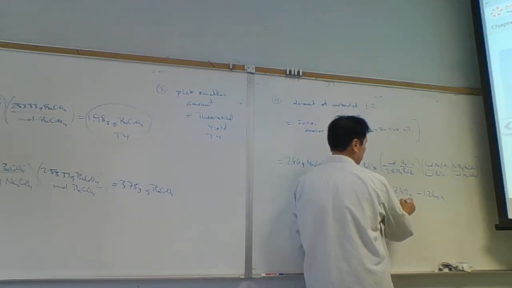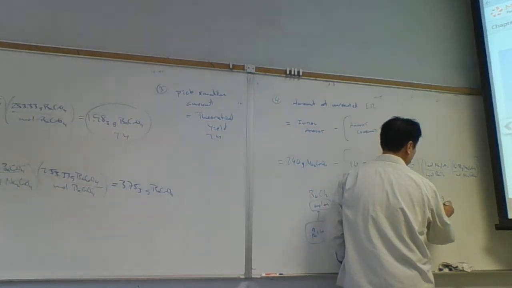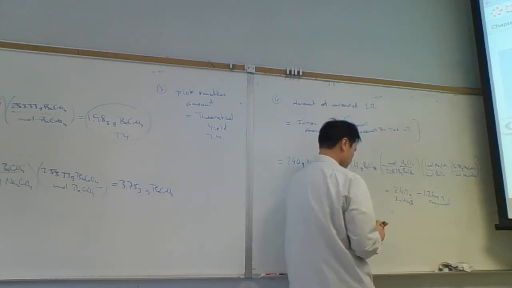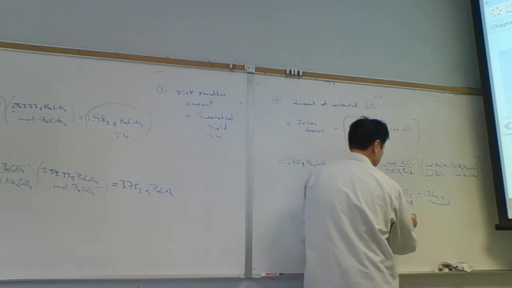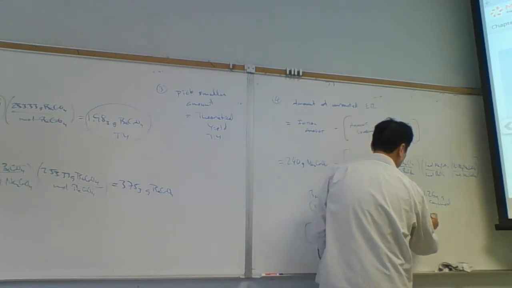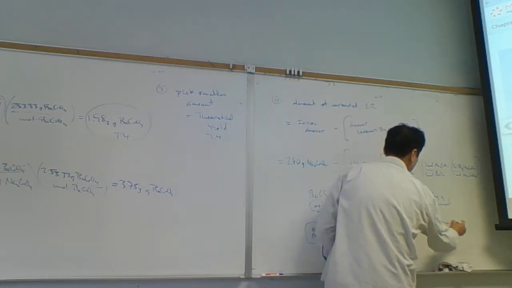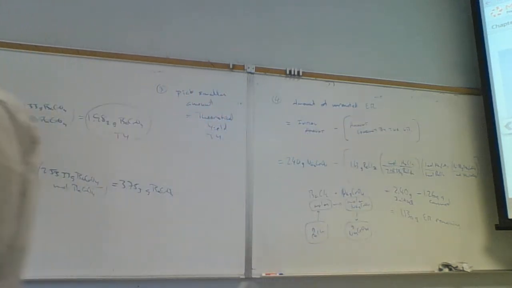So initial minus grams consumed by the LR. 1.130 grams. Excess reactant remaining. So this is the unreacted. So in this particular reaction, they dumped in an extra 1.13 grams. It's too much.